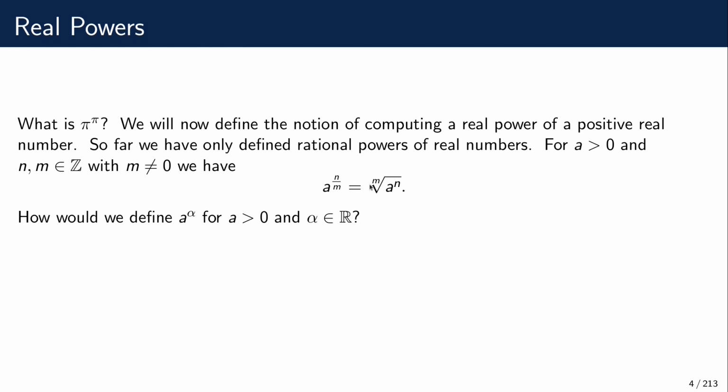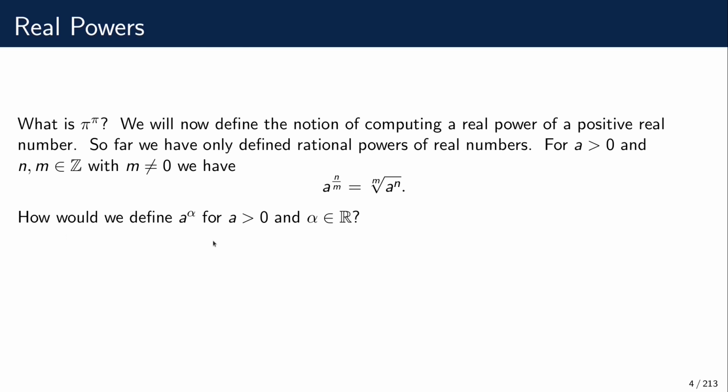So whenever we have a rational number, we have a pretty good understanding of what it means to raise a to a rational exponent, such that it has some nice properties that we've established previously.